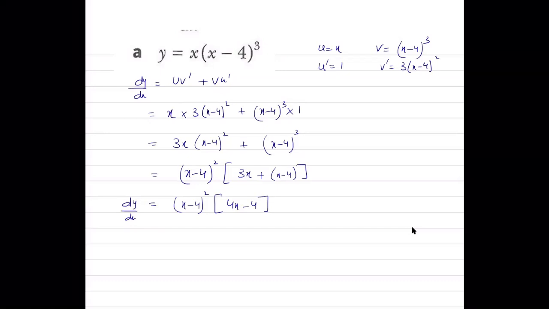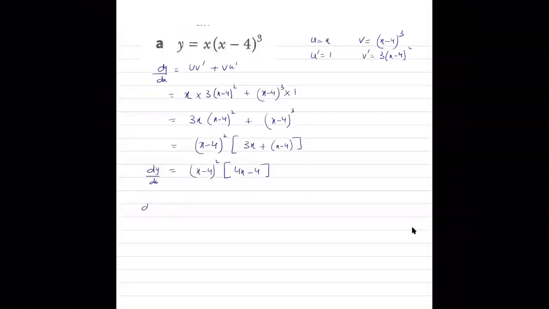Yes. Now, to find the second derivative, I'll have to apply the product rule again. I'm going to say x minus 4 square as my u and 4x minus 4 as v. So u prime can be 2 times x minus 4 and v prime can just be 4. Applying product rule, uv prime plus v u prime.